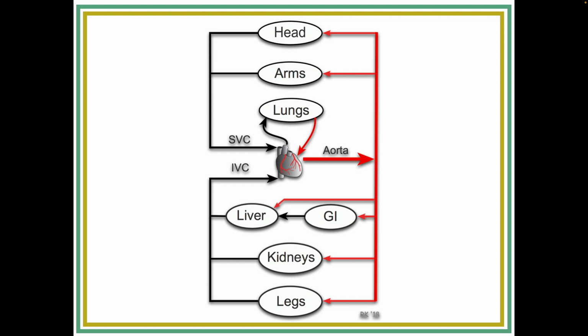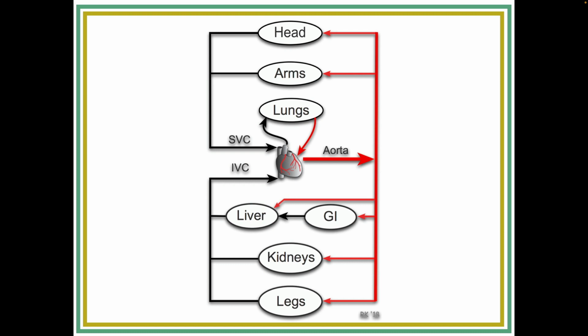So we have all these systems in parallel. So we could, if we felt like it, shut down all of the parallel circuits, we don't quite do this, and send it all to the kidneys. Or shut down the legs and send it to the head. You see what I mean? The body can adjust how much blood goes to various parts of the body.